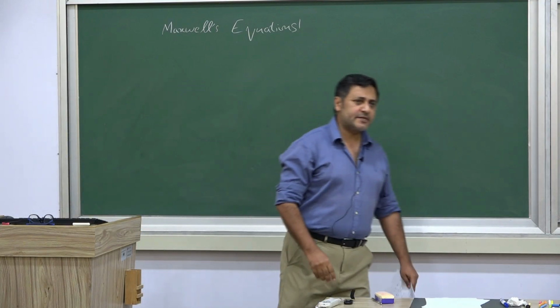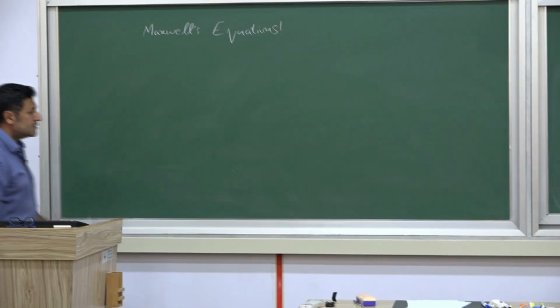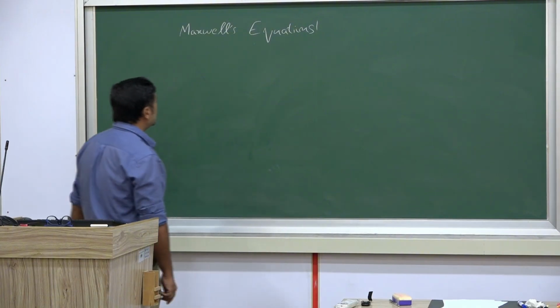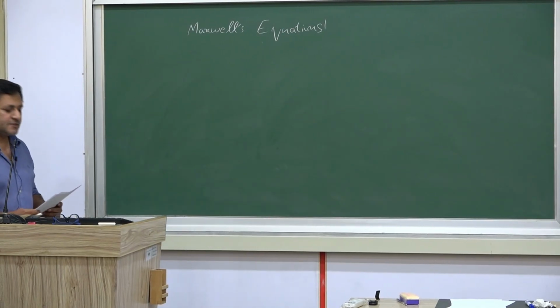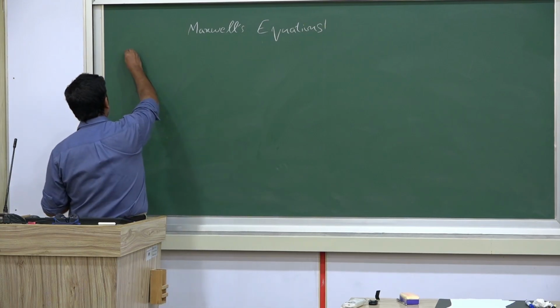And these electric and magnetic fields have their own dynamics. So they are described using certain partial differential equations. There is a set of equations called Maxwell's equations, which govern the dynamics of these fields. So what are these equations?